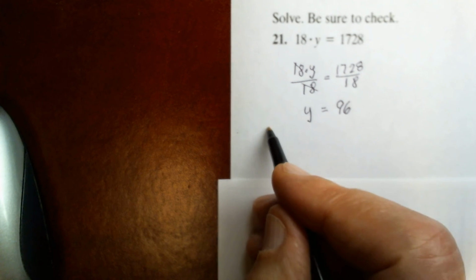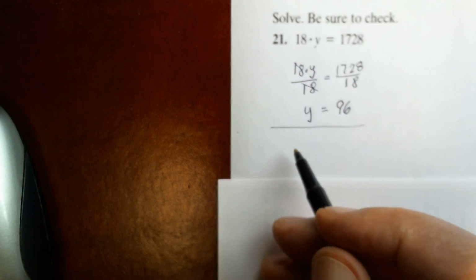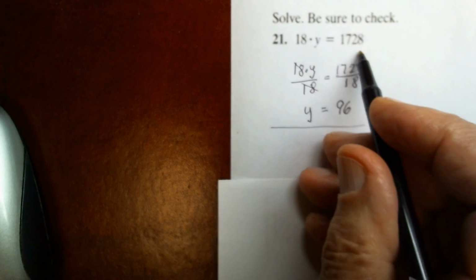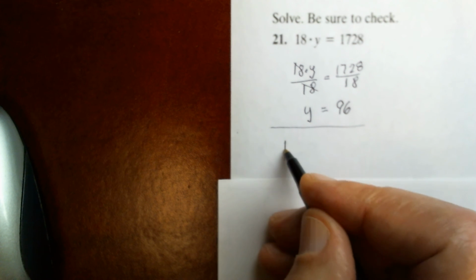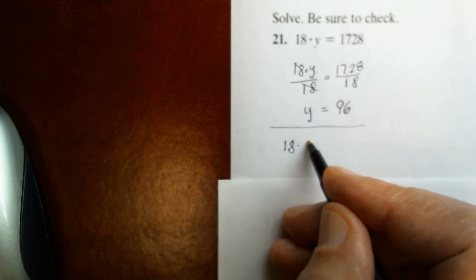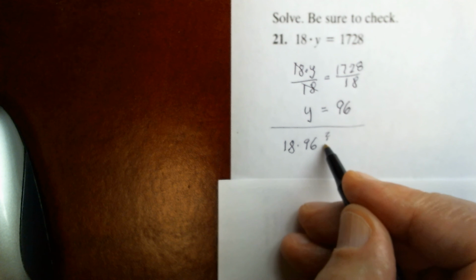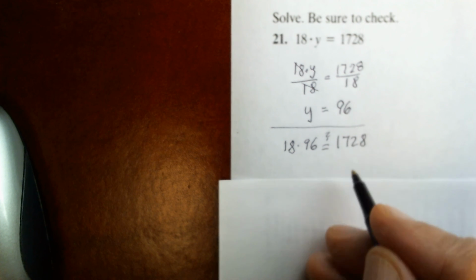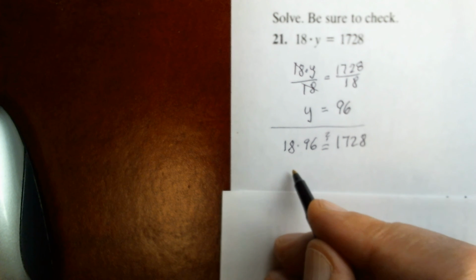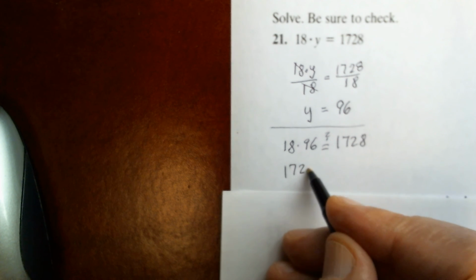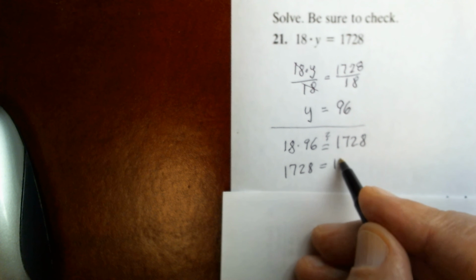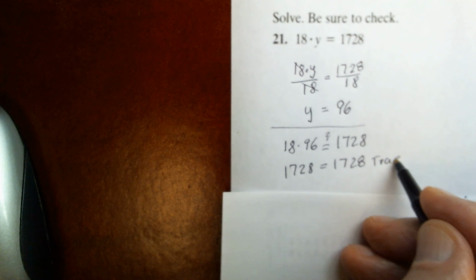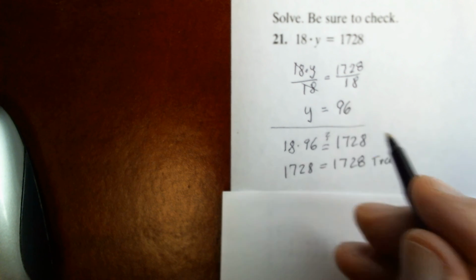Then to check the answer, we replace y with a value of 96 in the original problem statement. So the question is: is 18 times 96 equal to 1,728? Since 18 times 96 is 1,728, this makes it a true statement. So therefore we can say that the solution is 96.